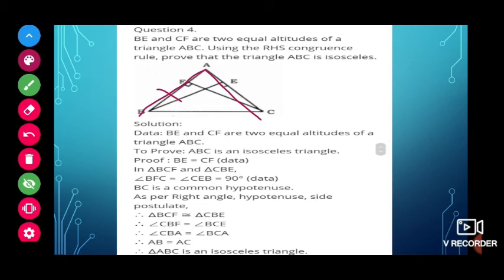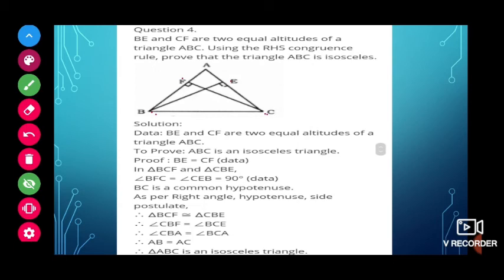Now to prove that, I am going to take the two triangles BCF and one more triangle CBE. These two triangles.